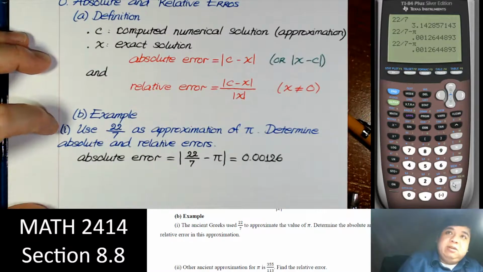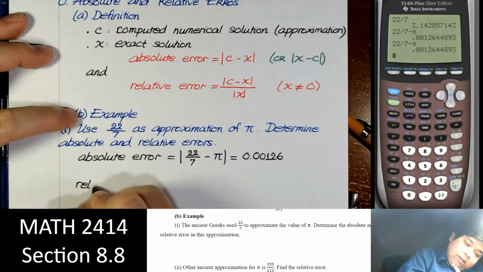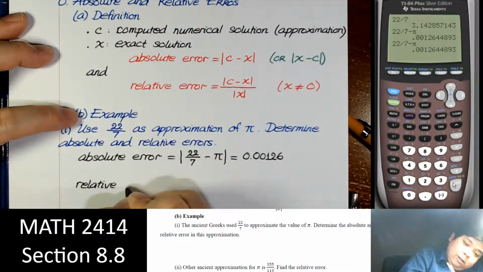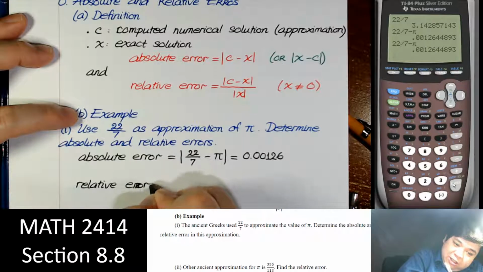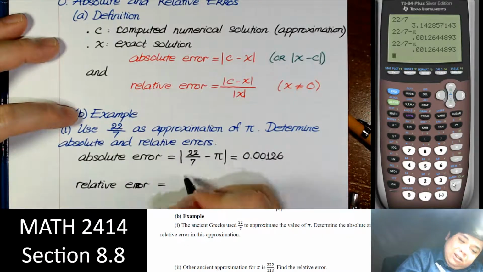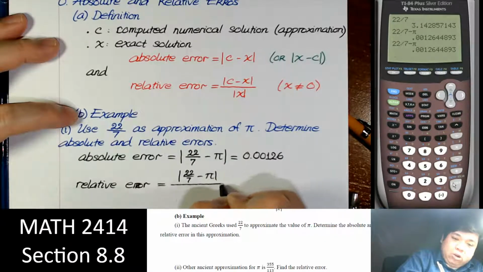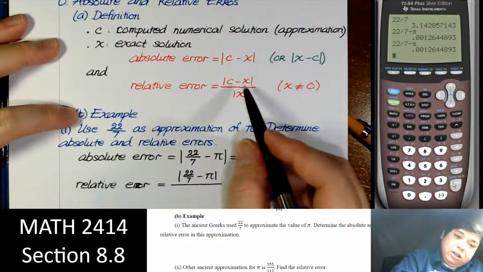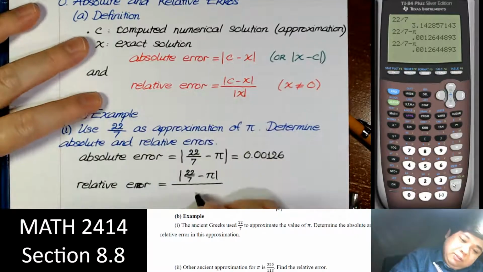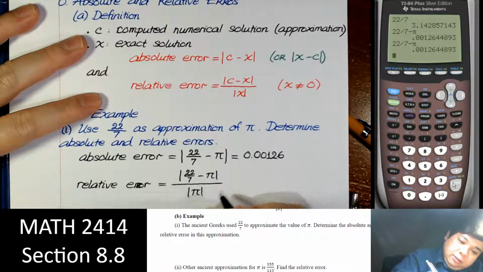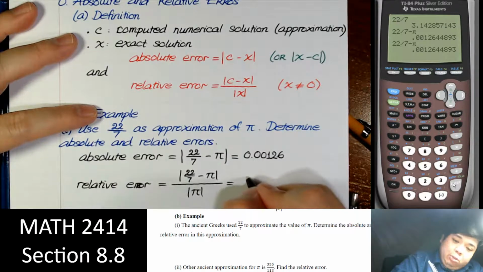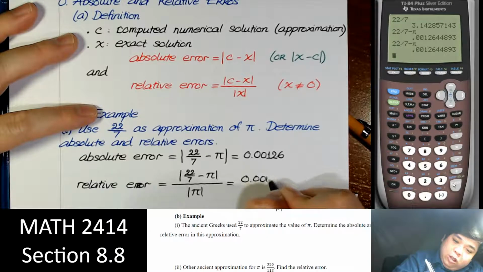And the relative error is that divided by the absolute value of the exact value. So pretty much 0.00126 divided by pi.